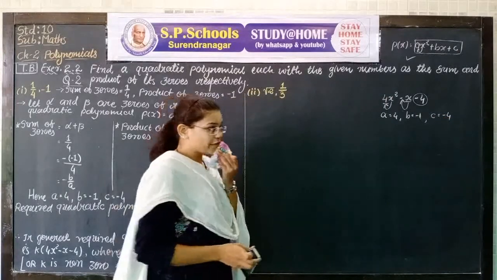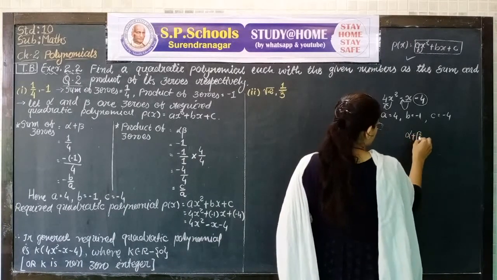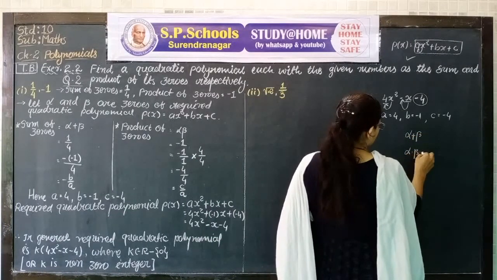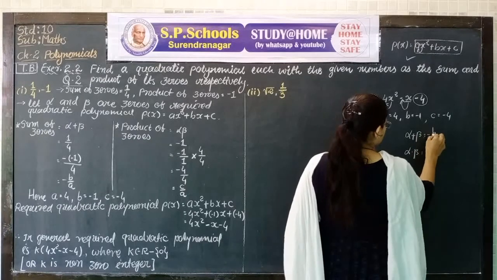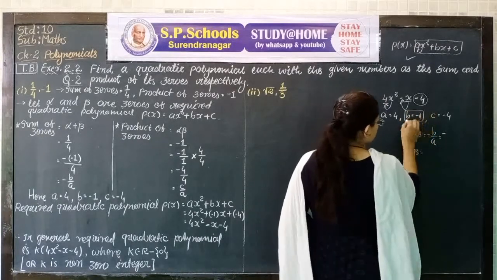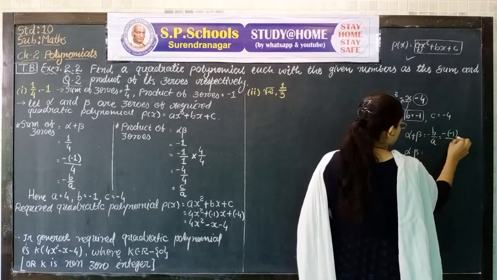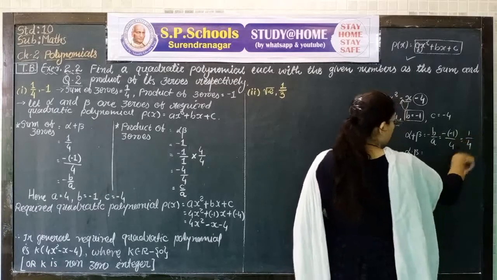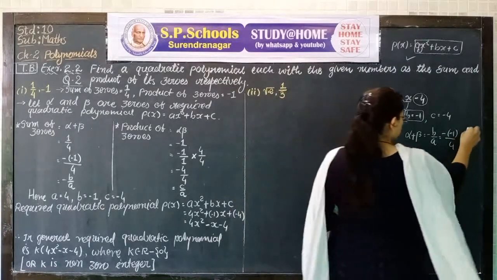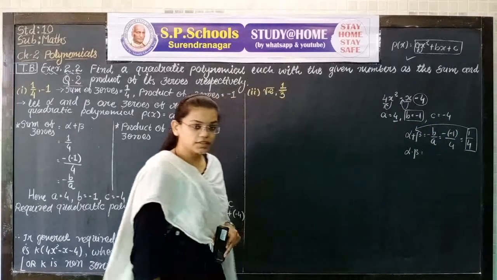By using the formula, we need to find the sum of zeros and the product of zeros. We know the sum of zeros is minus b upon a. Instead of b is minus 1, instead of a is 4, minus minus is plus 1 upon 4. See, 1 upon 4 is the sum of the zeros.